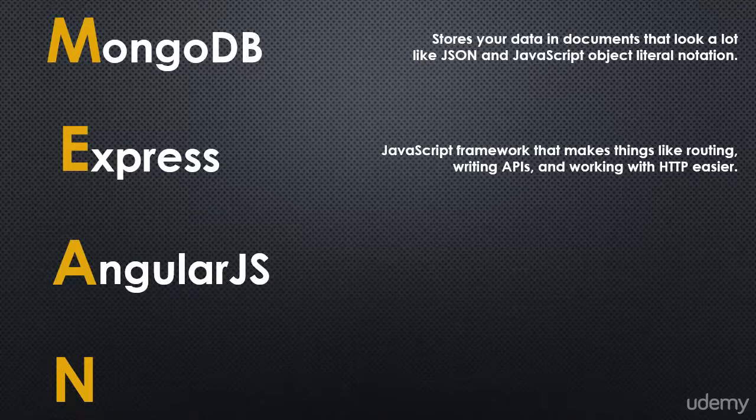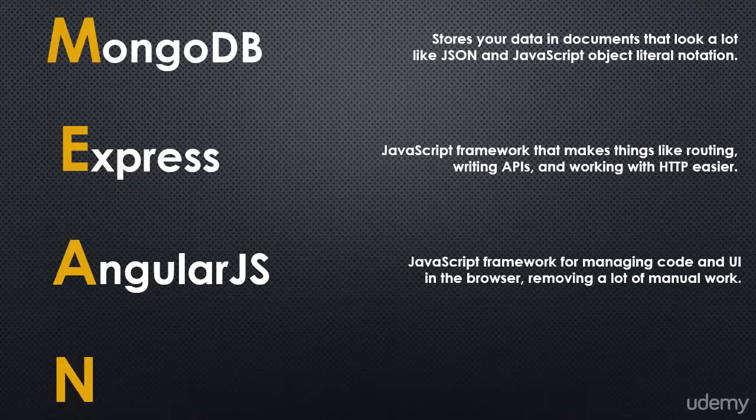AngularJS is something we haven't seen yet. That's what the A stands for. And it's a JavaScript framework for managing code and UI in the browser. It removes a lot of the manual work that you might have when building the interface, the part that people are really clicking on and using, the part that people see, and dealing with connecting the client and the server when it comes to that client-server model of sending requests and receiving responses.